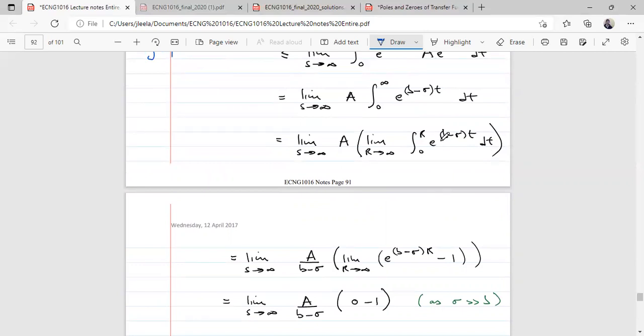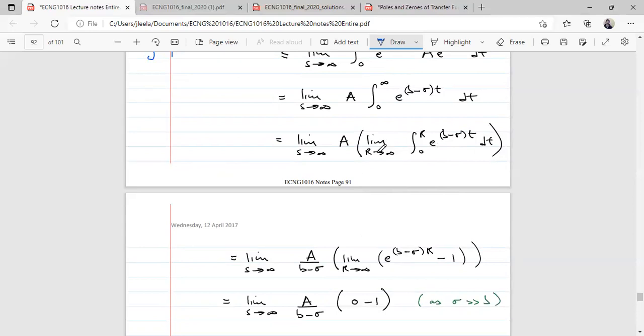If you integrate this, you get e to the (b minus sigma) r over (b minus sigma). You could take the (b minus sigma) on the outside because it is a constant under the a.